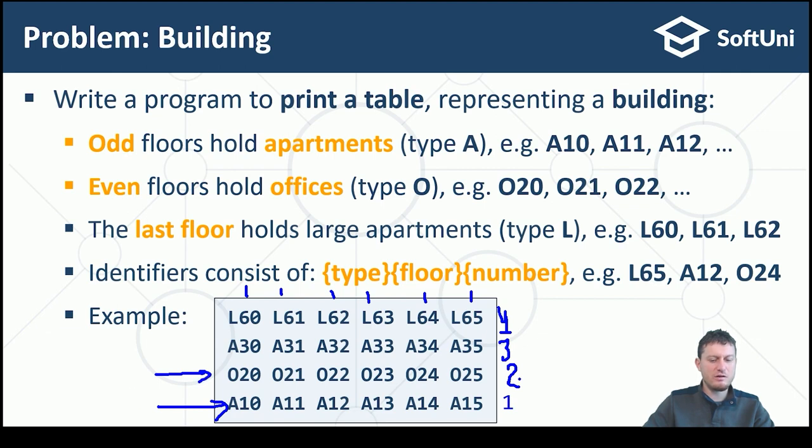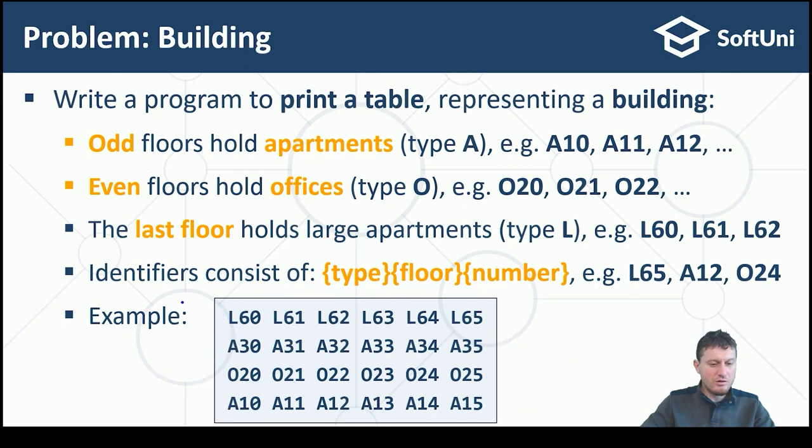Floor 1 is odd, so it holds apartments. The second floor is even, so it holds offices, office 2, 0, 2, 1, etc. And the next floor is apartments, the next is offices, and the final last floor is L, large apartments.